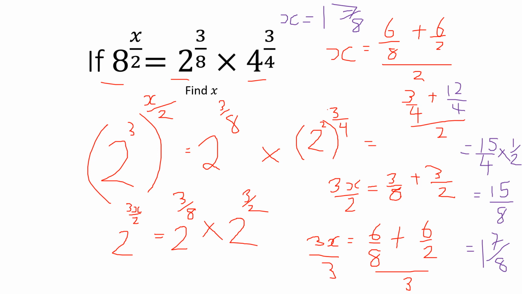So make sure you're happy with that and please do revise any topics that involve the laws of indices. This topic is about writing the numbers as a common base, a power of 2 in this case, then doing a bit of algebraic manipulation and solving for x using the index laws.